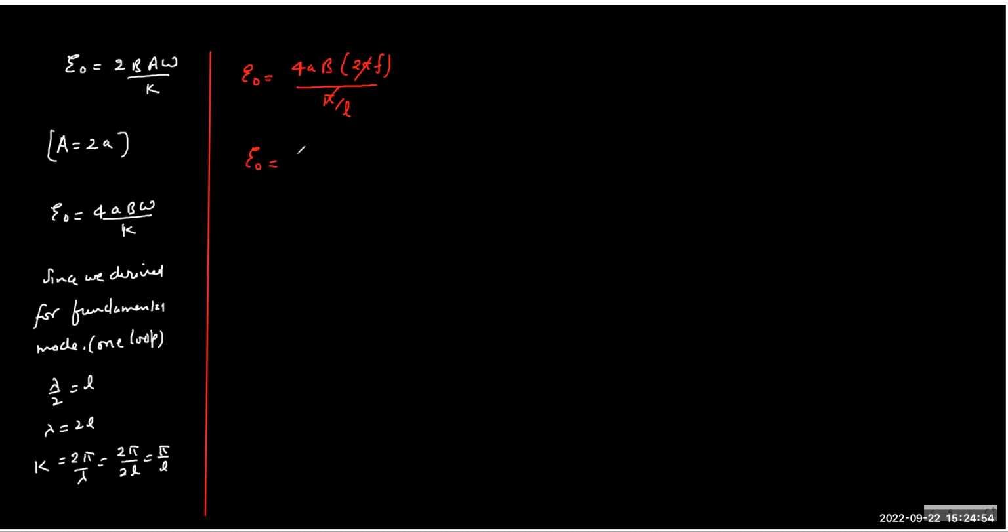So E naught turns out to be 8 a B f L. Yeah, everything is there, right? 8 a B f L. So really nice answer at the end of this calculation. Yes.